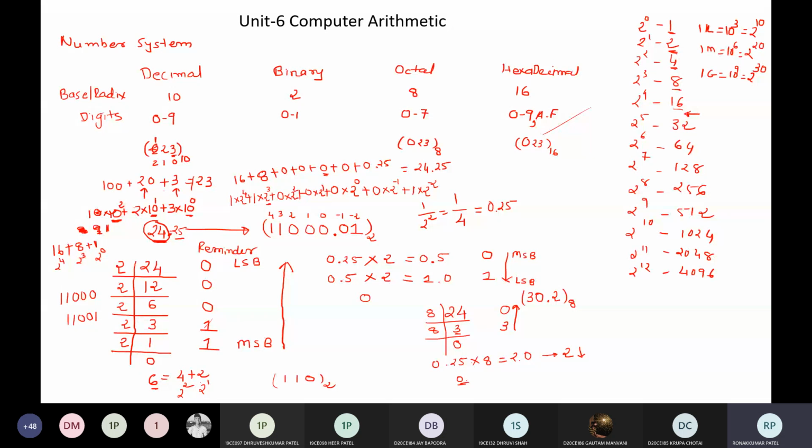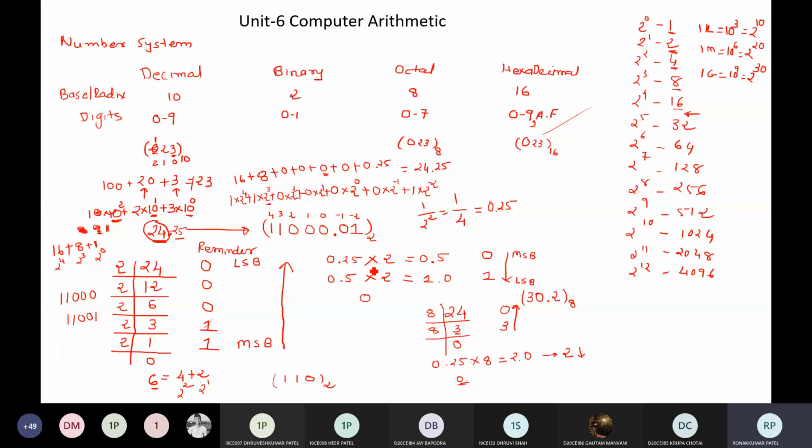Whenever you have a decimal number, the whole part you can process like this. This is your least significant bit, these are the remainders, and this is your most significant bit. This way you need to write for the whole number.